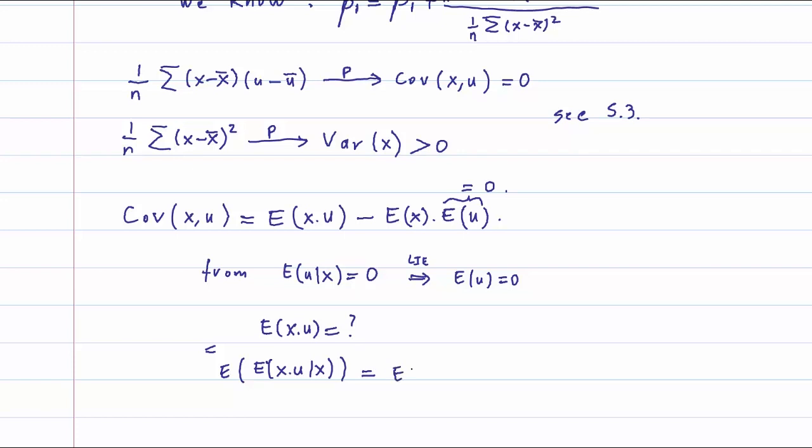So I have the expectation of x times the expectation of u conditional on x. And I know this is 0 from our assumptions. So I have the expectation of x times 0, which is 0. So I just proved that this part here is equal to 0. Now I have 0 minus something times 0. The covariance is 0.